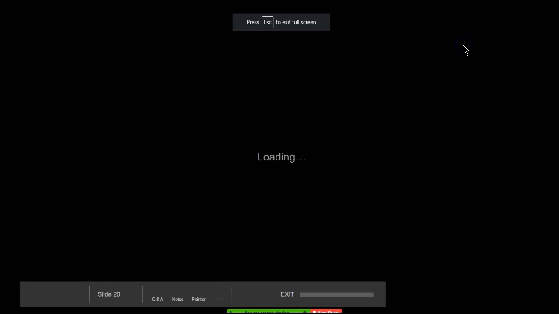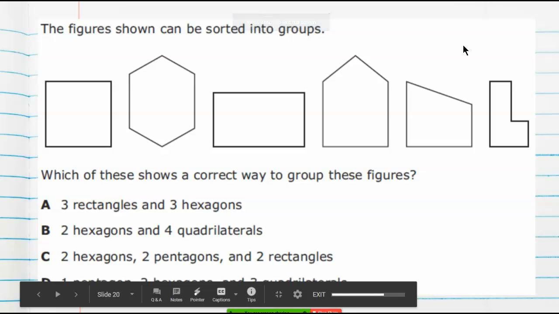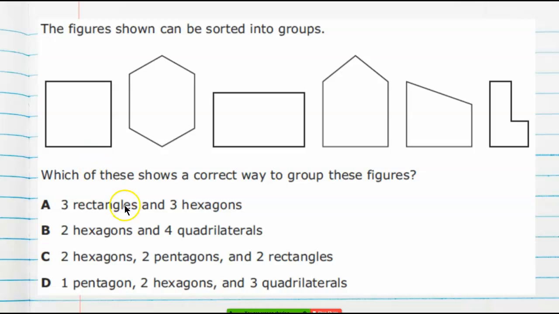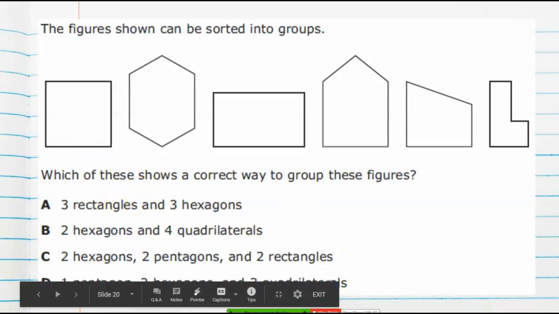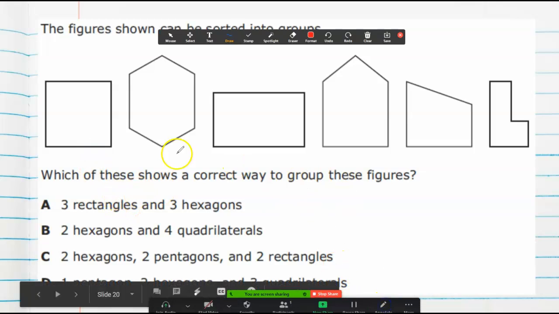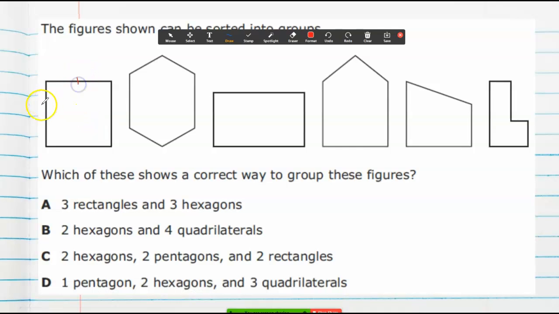Alright, and lastly, let's look at this question. Which of these shows a correct way to group these figures? So it's kind of similar to the question we did earlier. We're going to label these. 1, 2, 3, 4. Okay, so we have a square, and we know it's a 4-sided shape, so it is a quadrilateral.